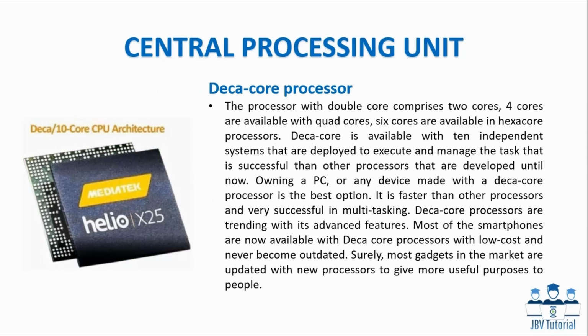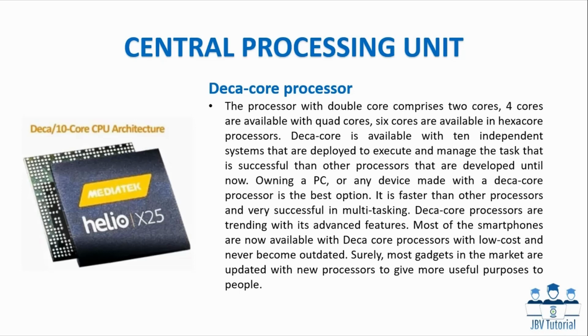Deca-Core CPU. The processor with double core comprises 2 cores, 4 cores are available with quad cores, 6 cores are available in hexa-core processors. Deca-Core is available with 10 independent cores that are deployed to execute and manage tasks more successfully than other processors that have been developed until now. Owning a PC or any device made with a Deca-Core processor is the best option.